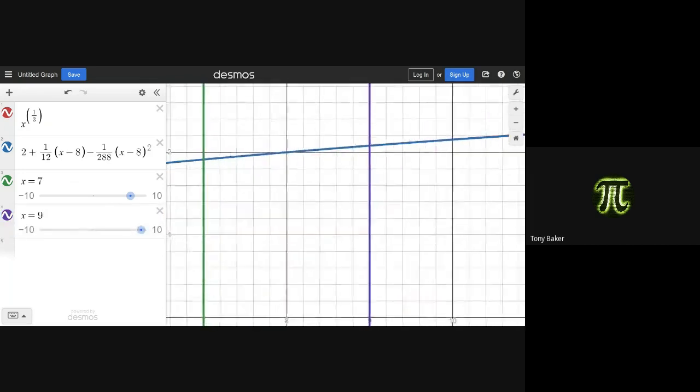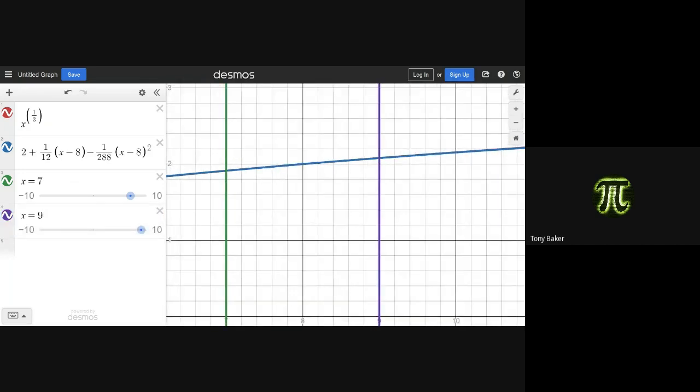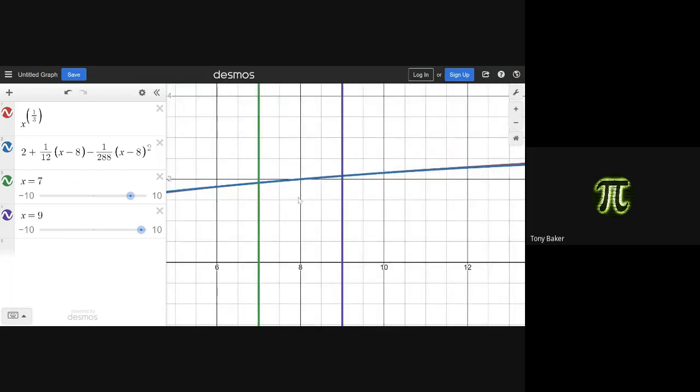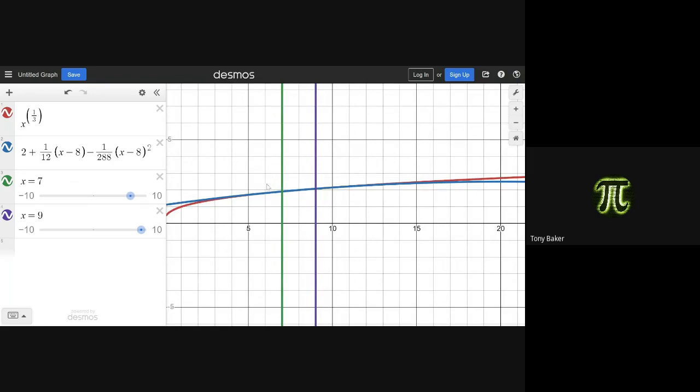If we look at that, that's a pretty good approximation. So that's where the centering comes into play. If we weren't centering it at 8, if we were centering it somewhere else, it would be a good approximation at that point. So now we can plug in any value between 7 and 8 here, and it should give me a good answer, very similar to those.